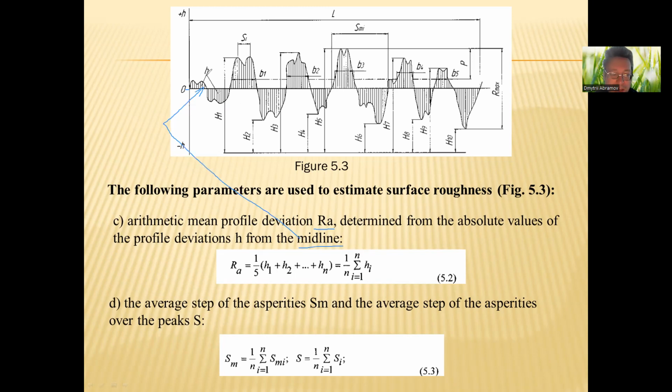And you can see H suffix i. For example, H1, H2, H3, H4, H5, H6, H7, etc. And the arithmetic mean of these H's will be parameter R suffix A, arithmetic mean profile deviation.